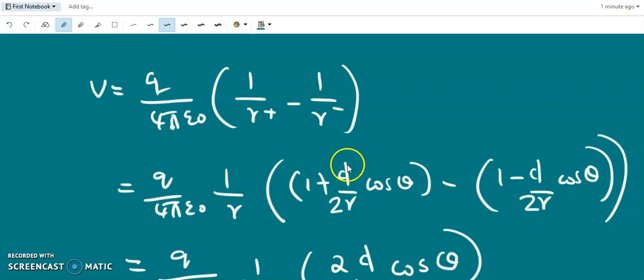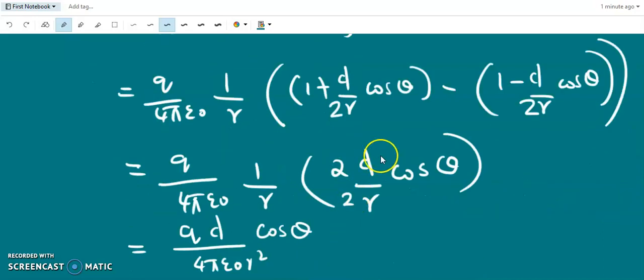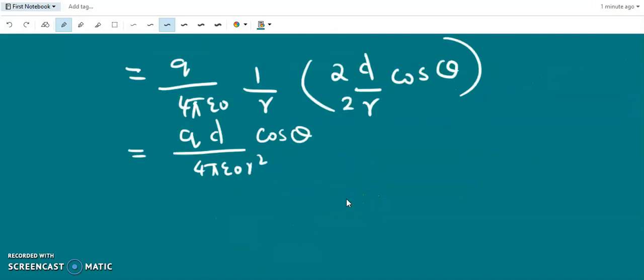So there will be 2 into D by 2R cos theta. So we have Q by 4 pi epsilon 0 1 over R into 2D cos theta by 2R. 2 and 2 cancel and we have the final potential equal to QD cos theta by 4 pi epsilon 0 R square.